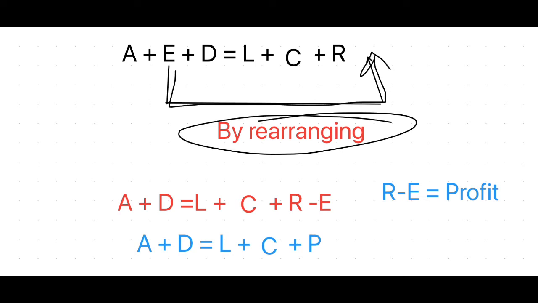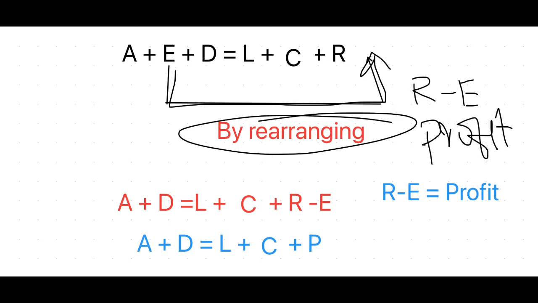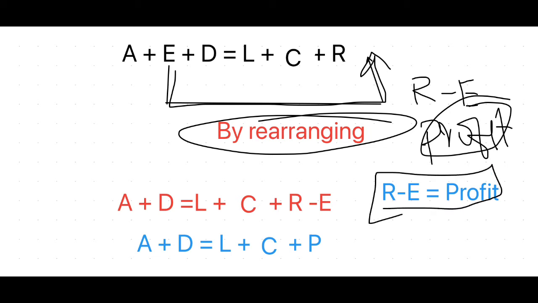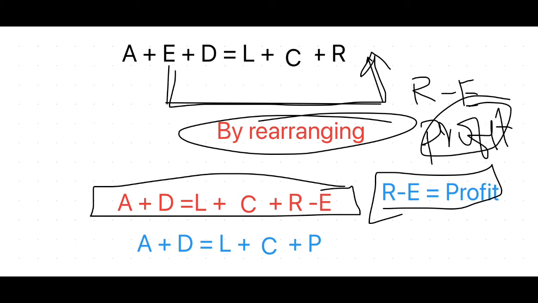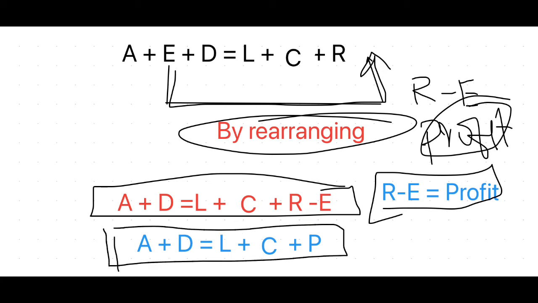As E moves towards the revenue and the side changes, the revenue becomes subtracted with expense, and the equation comes with profit, as revenue minus expense becomes equal to profit. So this will be the new form of the equation: asset plus drawing is equal to liabilities plus capital plus profit.